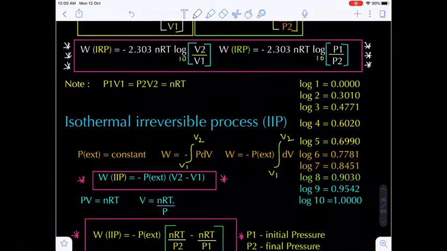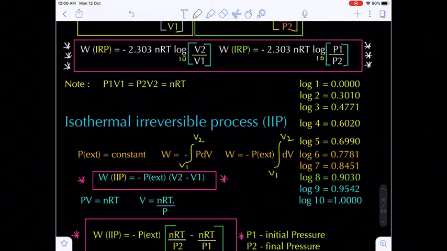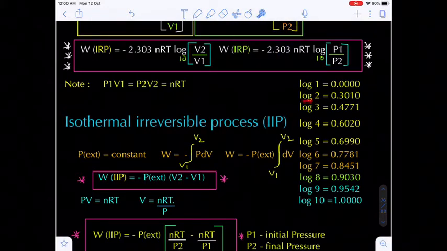Okay. Now here some important logarithm values we have to remember. The first one, log 1 value is 0, log 2 value is 0.3010. So we can take the log 2 value as 0.3. That is a logarithm to base 10. And log 3 value is 0.4771.